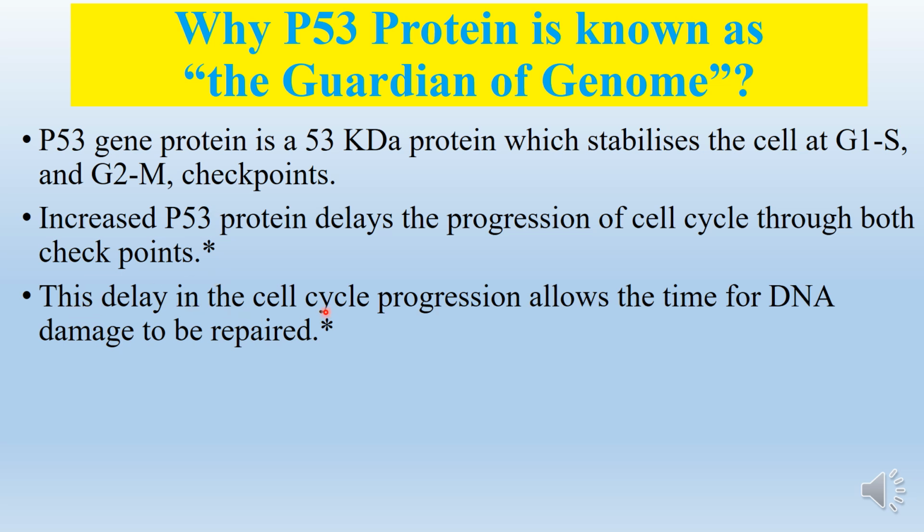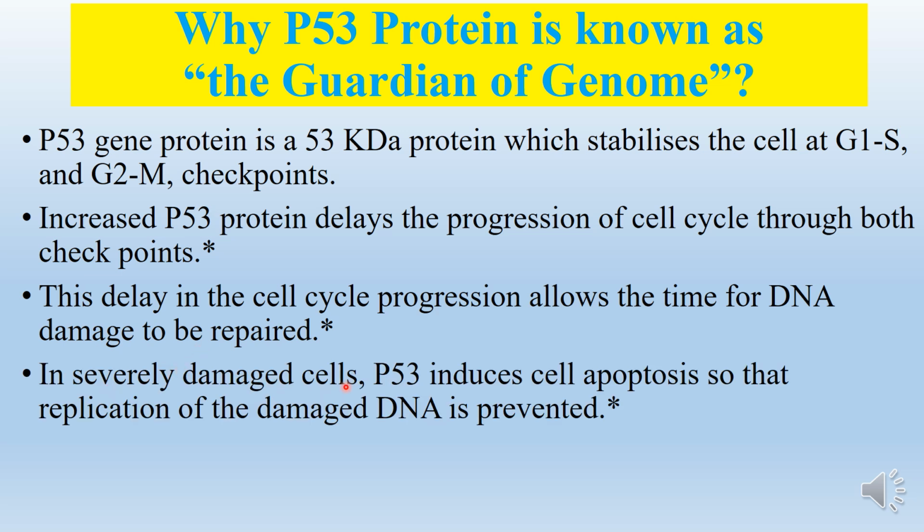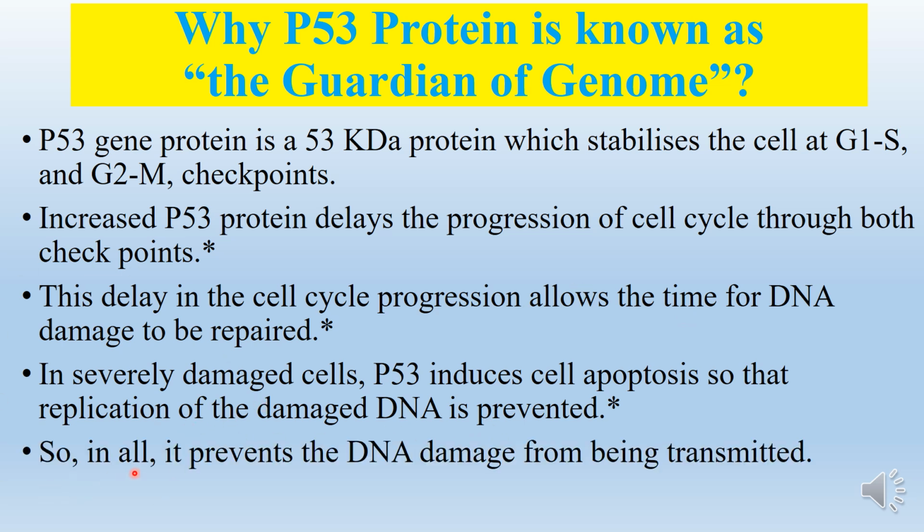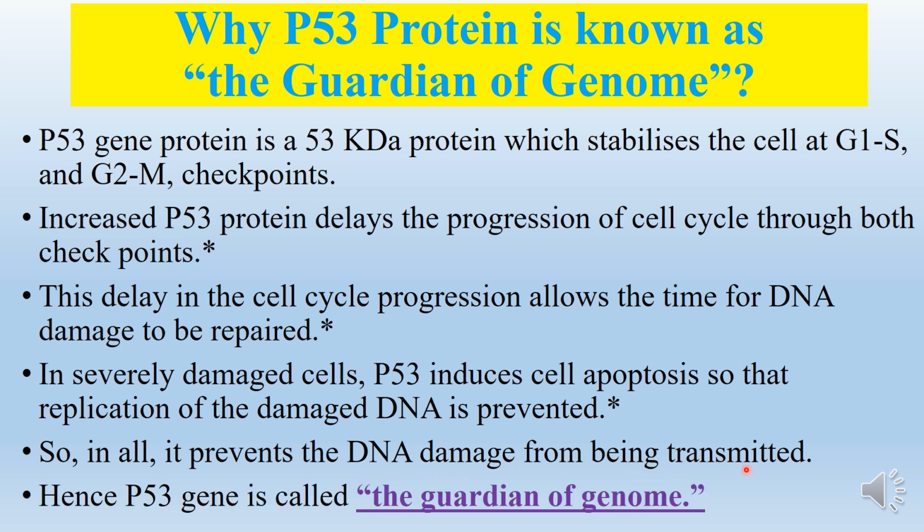It delays the cell cycle progression, and this delay allows the time for DNA to repair itself if there is any damage. In severely damaged cells, P53 induces cell apoptosis so that the replication of damaged DNA is prevented. So, in all, it prevents the DNA damage from being transmitted into the next generation of cells. Hence, it is known as the guardian of genome.